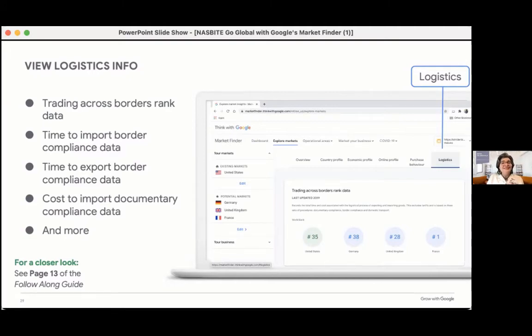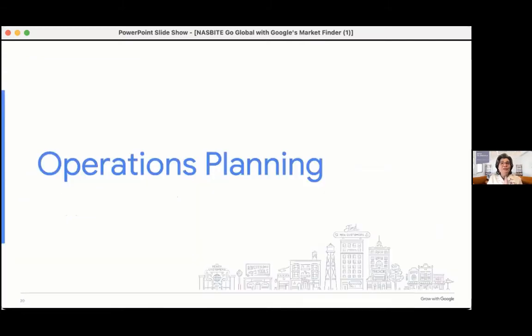So once again, you'll see how the US figures compare to these potential markets so you can make a decision. And on this slide, the logistics tab is highlighted, which reveals a comparison of trading across borders data and rank data. And now you can move into the operations planning.